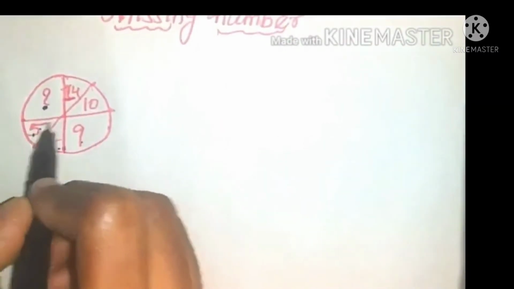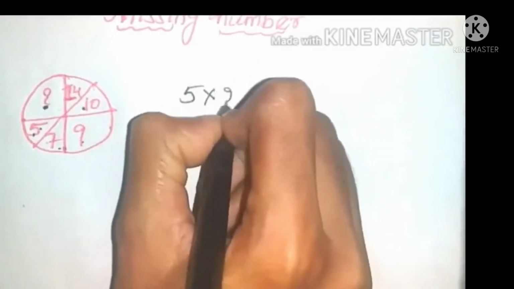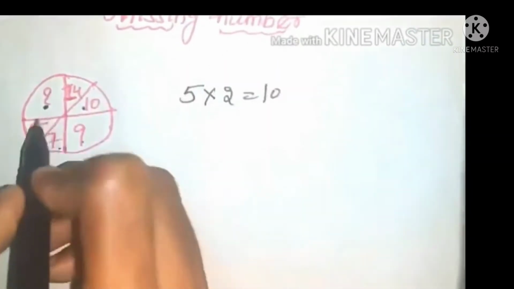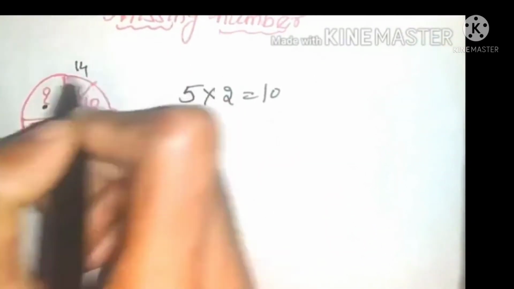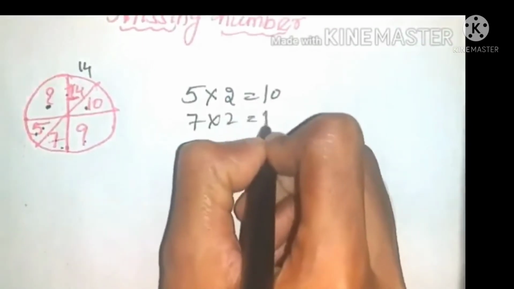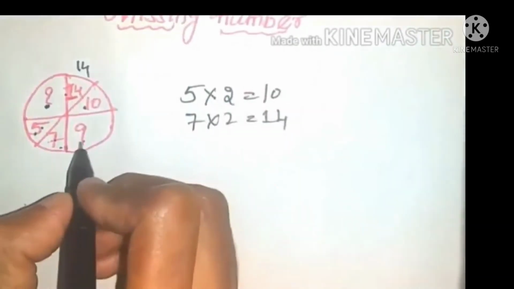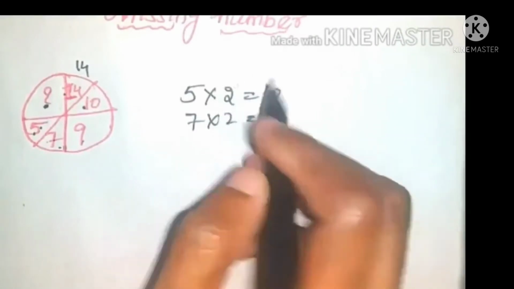So now this 5 which is opposite to 10, so we can take like 5 to the 10, right? And next 7, this is 14. So now 7 into 2, 14. Next, what is the similar thing which we can observe here?